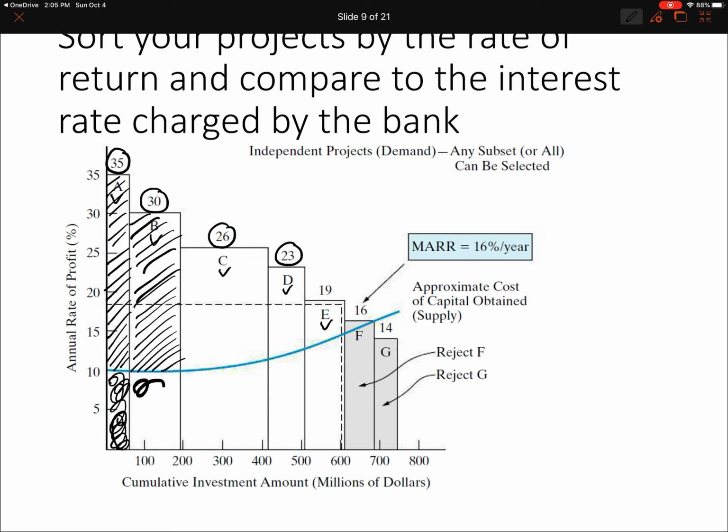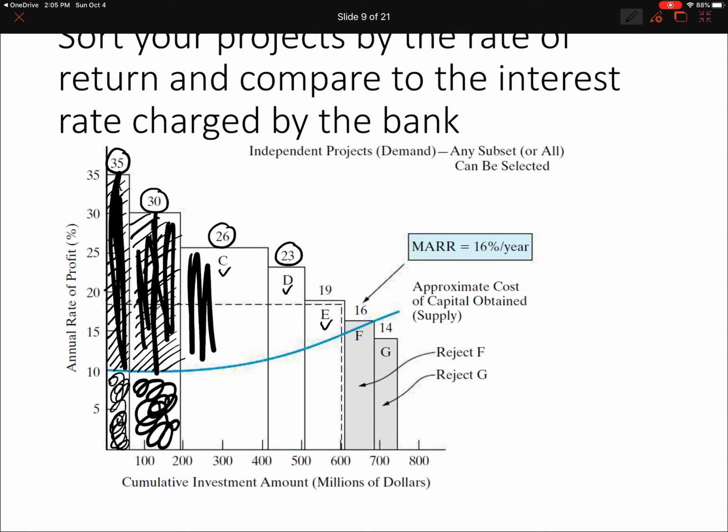Remember these two areas, right? So project B, yes, because the profit is more than what you want to pay, and this is how much more. And C is the same. This is how much more.